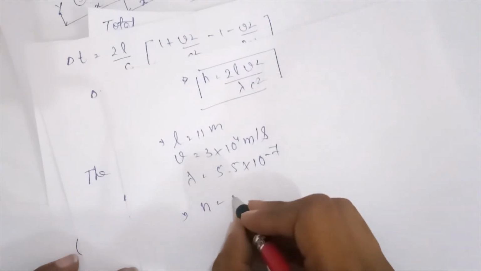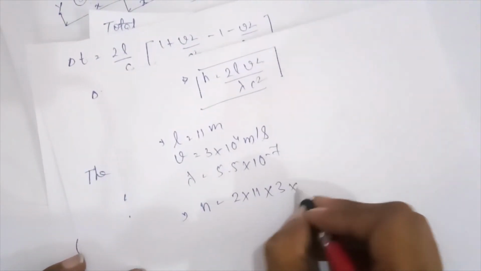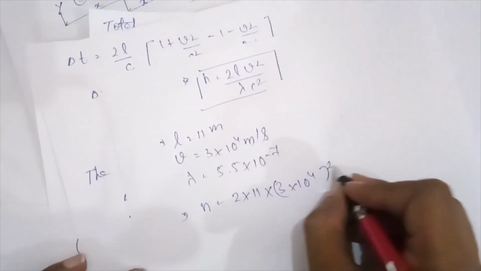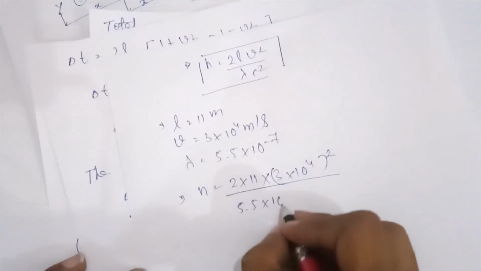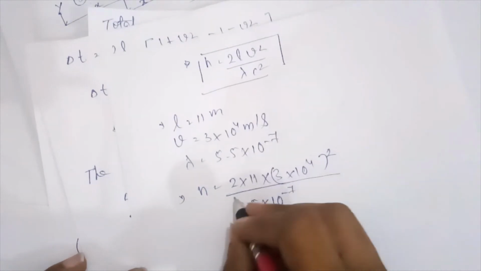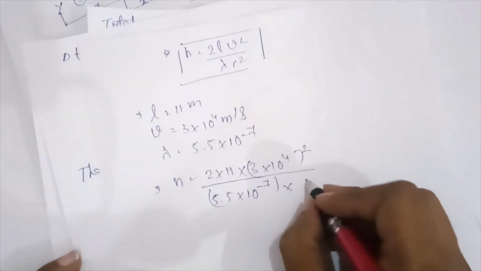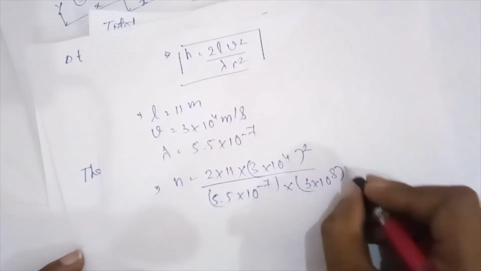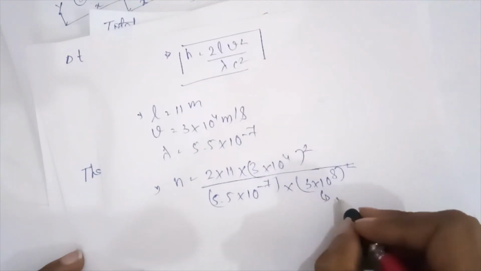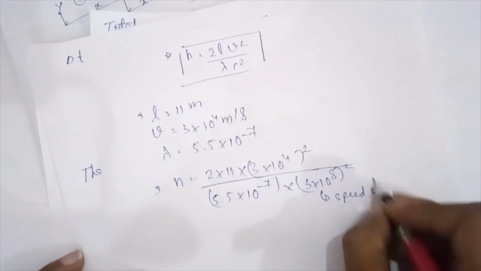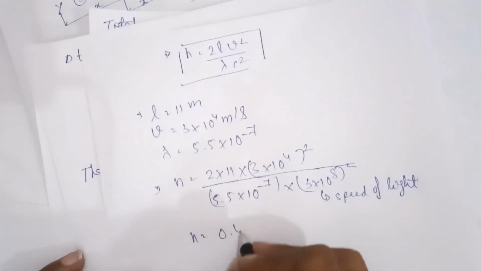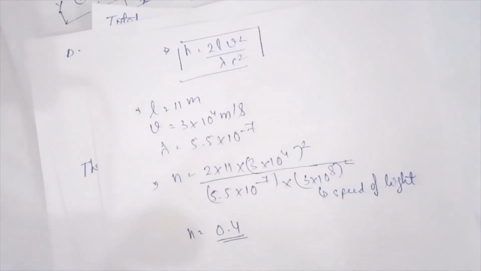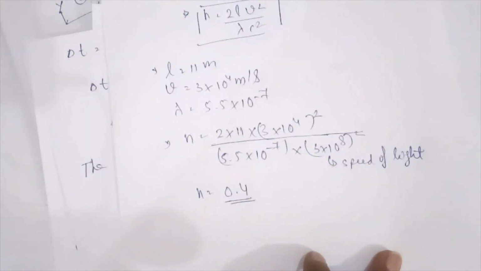It implies n is 2 into 11 into 3 into 10 to the power 4 whole square upon 5.5 into 10 to the power minus 7 into 3 into 10 to the power 8 whole square. This is the speed of light. Finally, we get n equal to 0.4. So this is the derivation.